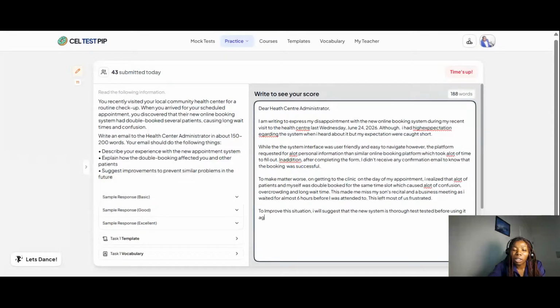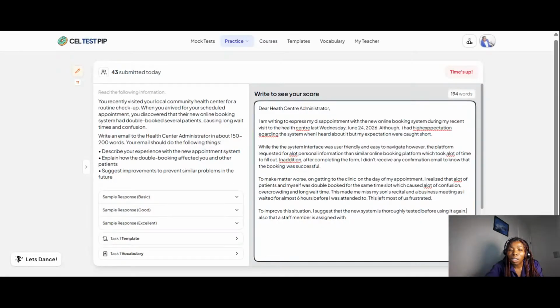Before using it again, I would suggest that the new system is thoroughly tested. And also that a staff member is assigned. Before using it again, I can end it here.